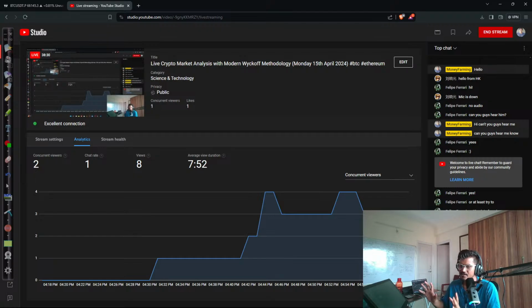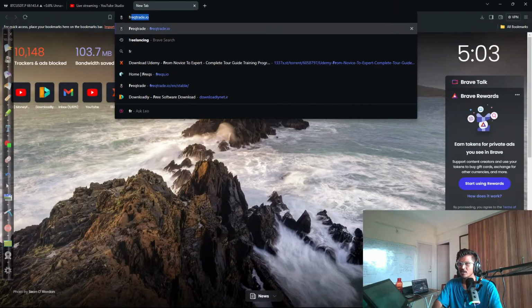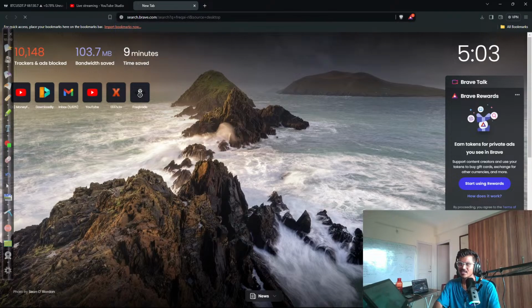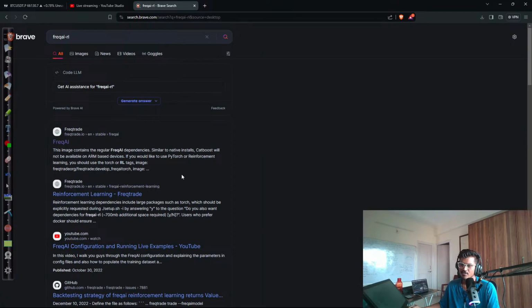This is the reinforcement learning stuff we're talking about. Okay, I'm going to be teaching you guys how to do it, because there's also a FreqAI RL repo for reinforcement learning.